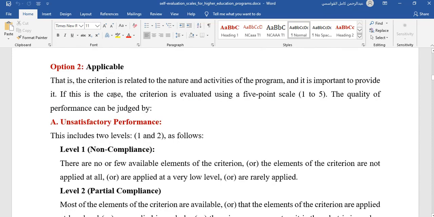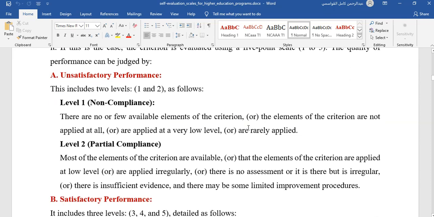If the criterion is related to the nature and activities of the program, and it is important to provide it, the criterion is evaluated using a 5-point scale, 1 to 5. The quality of the performance can be judged as unsatisfactory performance, which includes 2 levels, 1 and 2, as follows.